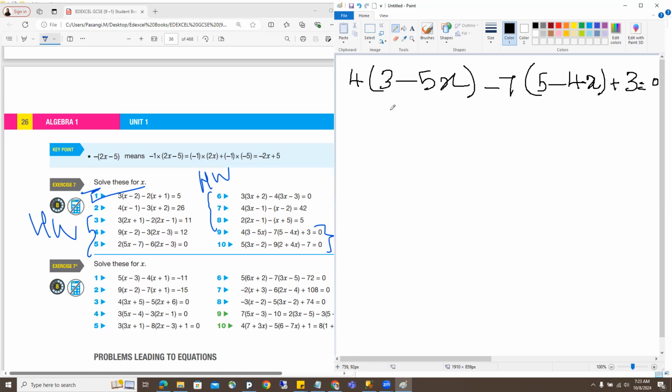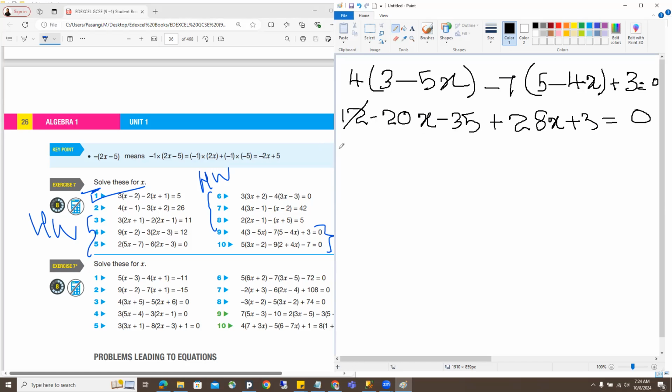Now 12 minus 20x minus 35 plus minus 7 times minus 4x, that is plus 28x, plus 3 is equal to 0. Now what do we have? We have to simplify the like terms further.